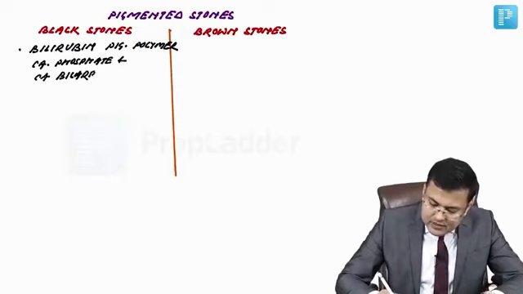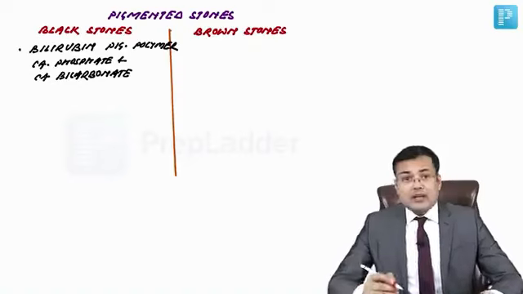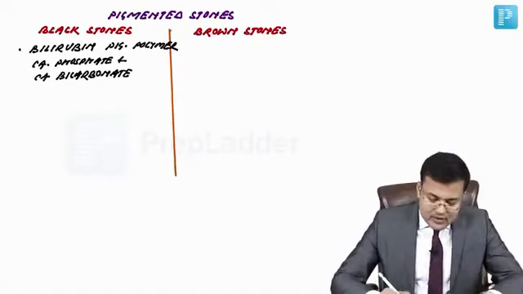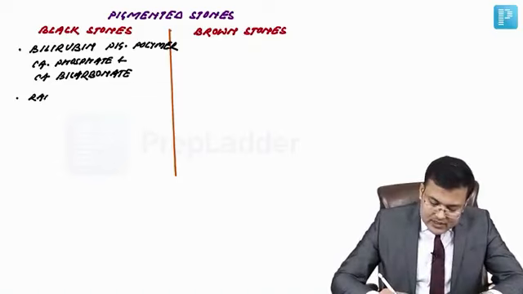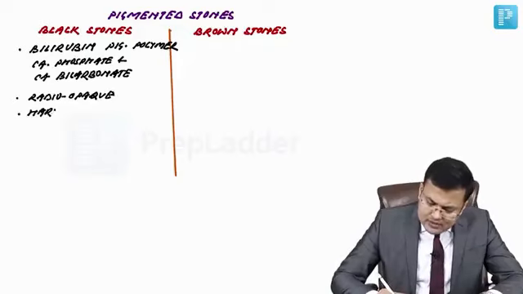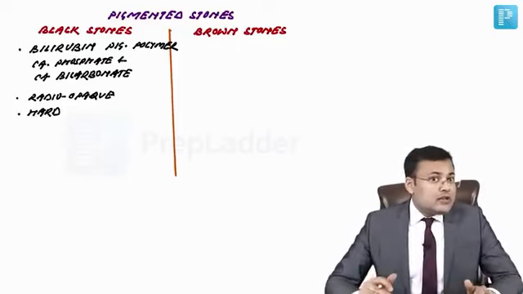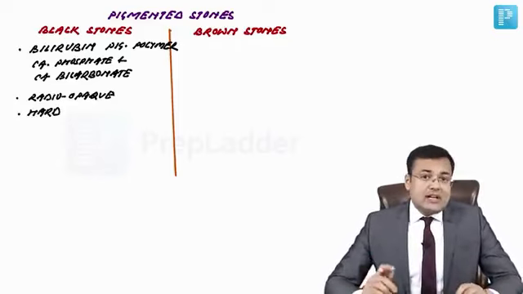Clear? So if in the stone there is calcium phosphate and calcium bicarbonate, black stone is obviously radio opaque and it is hard. Black stones are hard. If you see the overall gallstones, 90% of gallstones are radiolucent, but black stone is radio opaque.